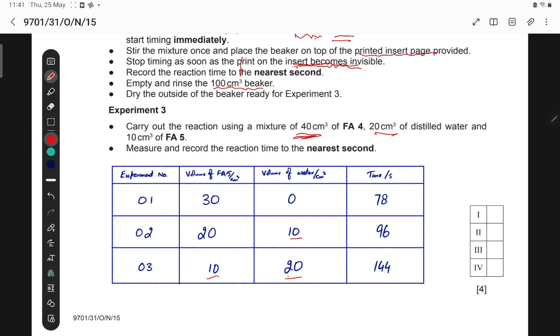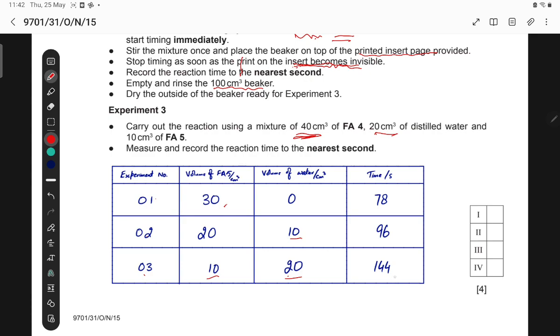Now make a table like this. This is experiment 1, 2, 3, and volume of FA5 is 30 cm cube, volume of water is 0 cm cube. Similarly, volume of FA5 is 20 and volume of water is 10 cm cube. Time in seconds is 78 and 96 seconds.